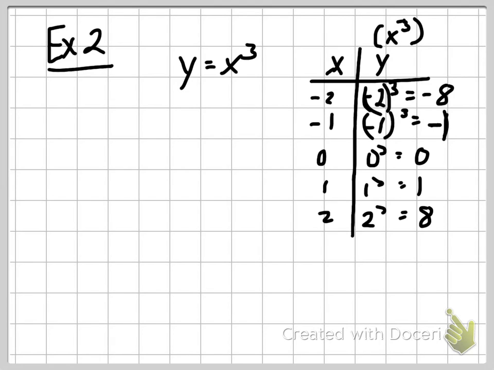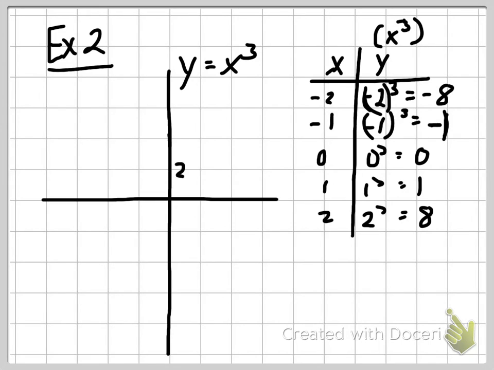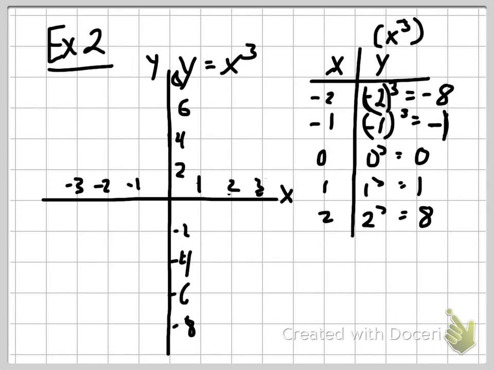So we're going to go ahead and draw this graph out. 2, 4, 6, 8. Actually, I'm going to increase by 1s on my x-axis. -4, -6, -8.